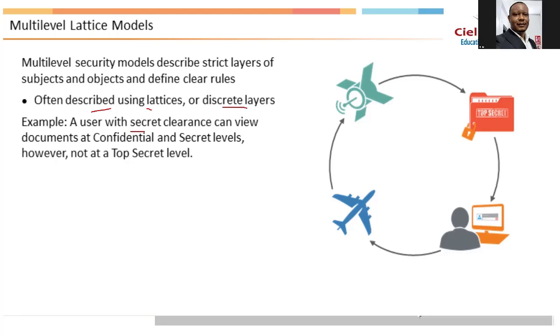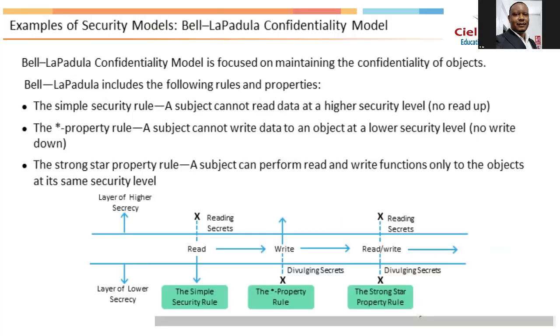The multi-level lattice models help us determine the flow of information, so that we determine what information a user can have access to, especially within the organization.